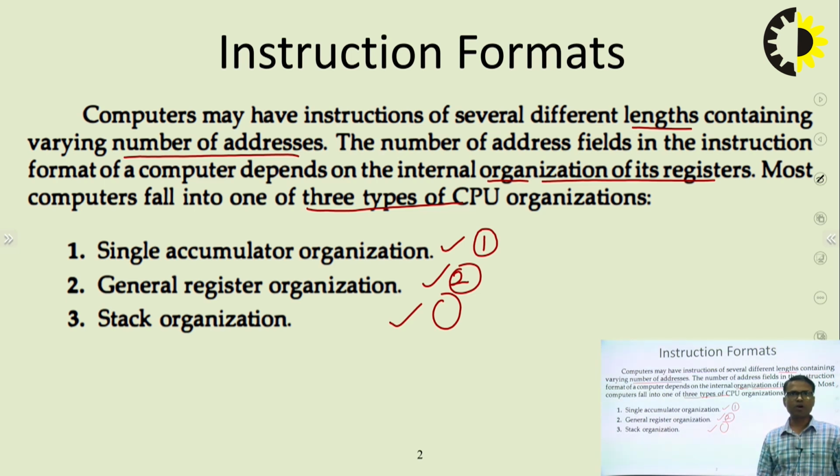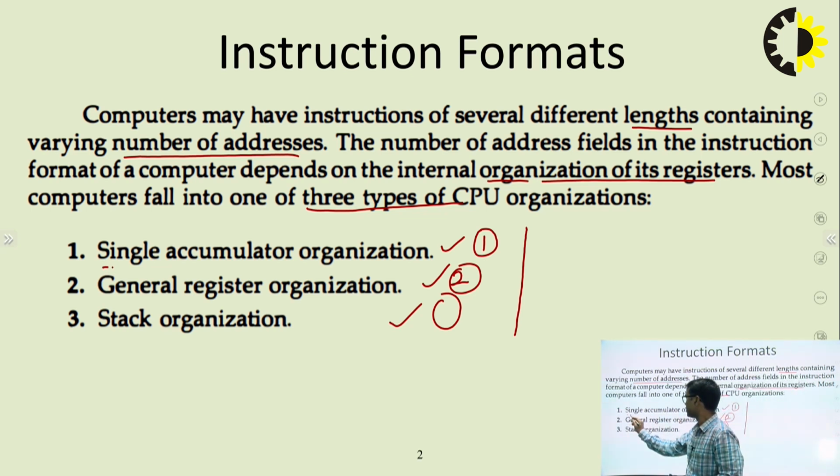Based on the format, which includes the length and the way it addresses the data used by the instruction, we classify the organization of a computer or CPU into these three different organizations: single accumulator, general register organization, and stack organization.